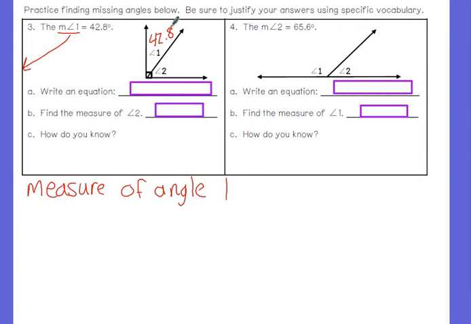They want us to write an equation. Well, what does my equation need to look like? You have to have an x, so you want to call this angle x. So what's my equation? 42.8 plus x equals 90, or x plus 42.8 equals 90. There's my equation.